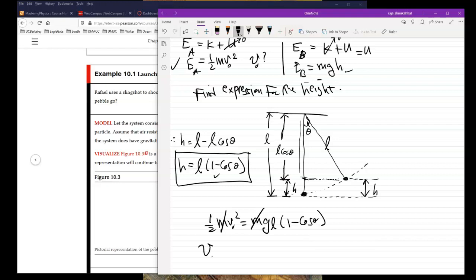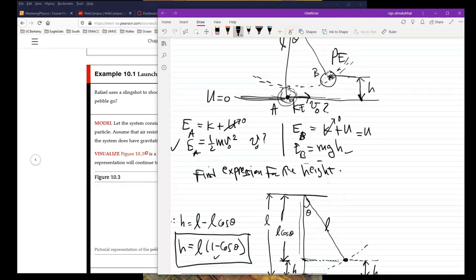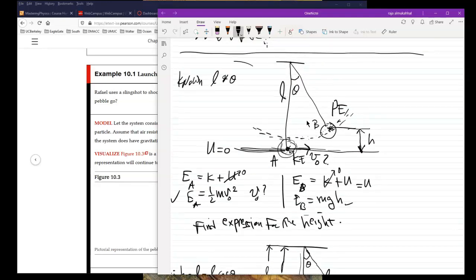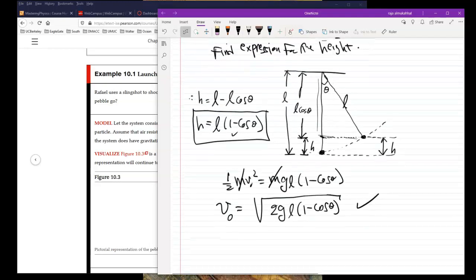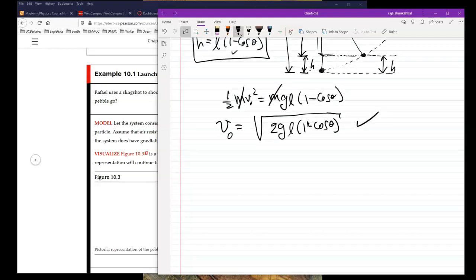So we have v0 equal to the square root of 2gL times 1 minus cosine theta. And there we go. We got the velocity. Remember I told you we are assuming that theta and L are given to us. So we just plug them in and find the velocity at the lowest point. Okay.